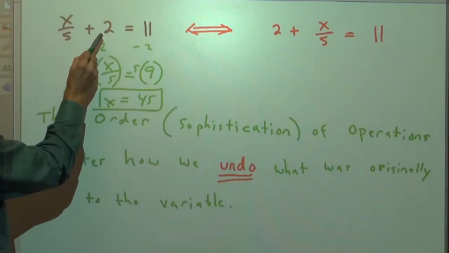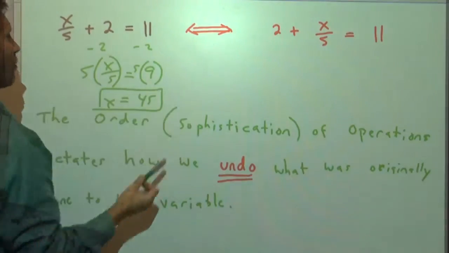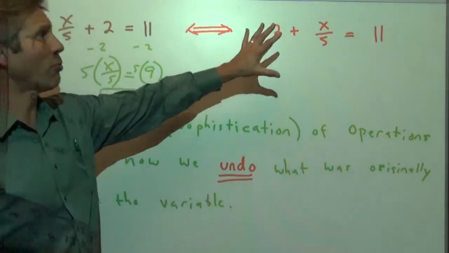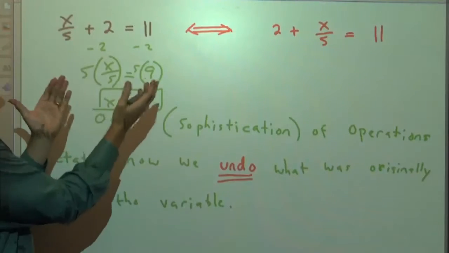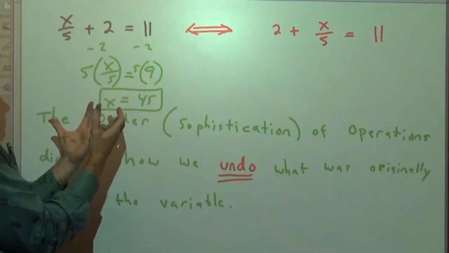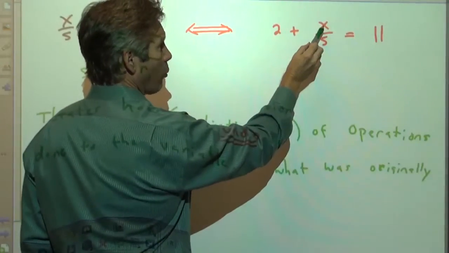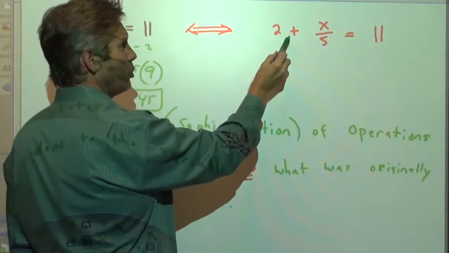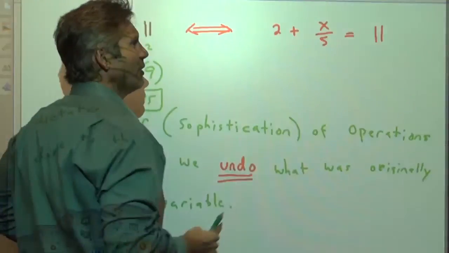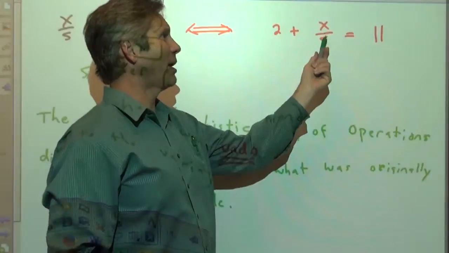Now, this equation is equivalent to that equation. Doesn't matter how we write it, we're actually going to do the exact same order of steps to arrive at the final answer. Because whatever x was, before you could take 2 plus that quantity, you had to figure out what x divided by 5 was.